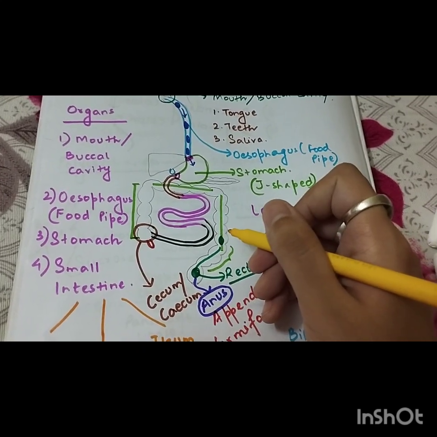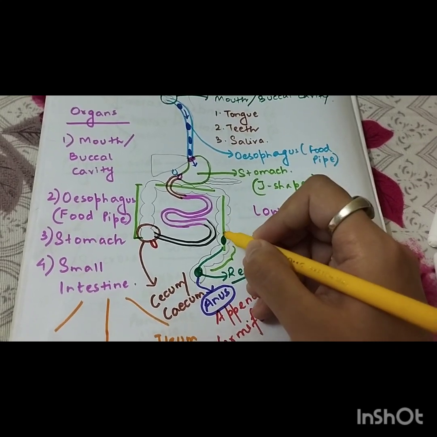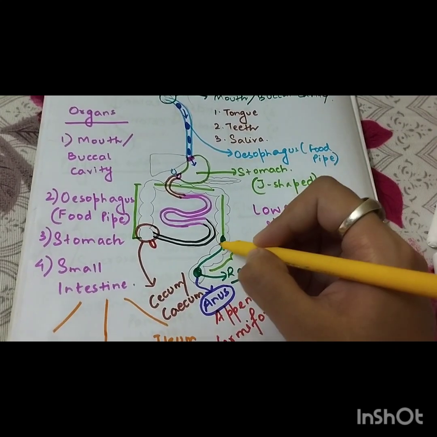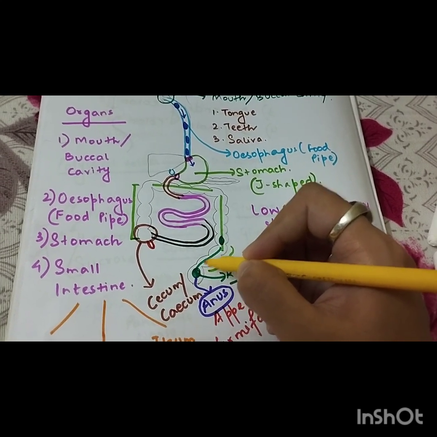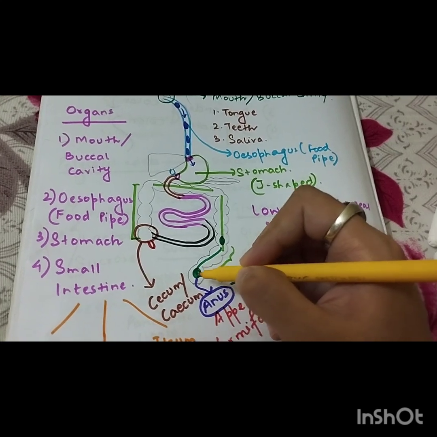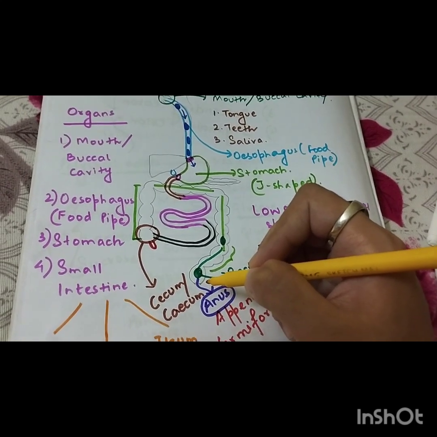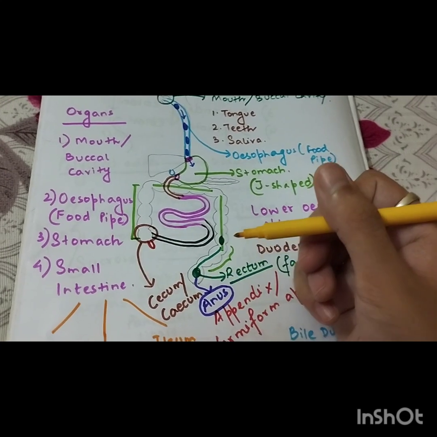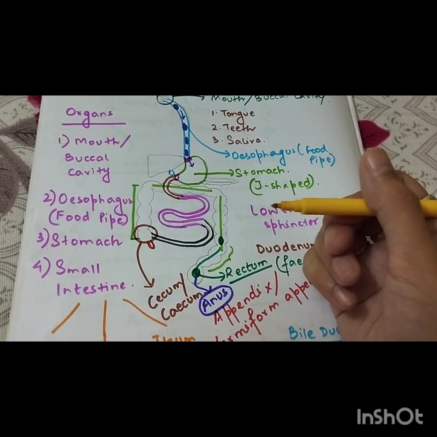Now, when we get a chance to throw out the fecal matter, it comes down the large intestine and is again stored in the rectum, but it can't smoothly come out of the anus because there is the least water content inside the fecal matter. That condition is known as constipation.